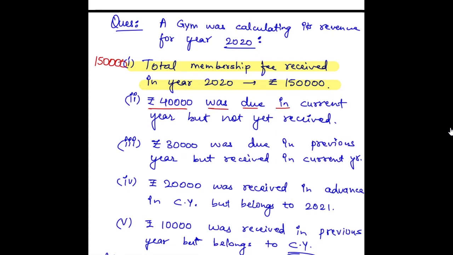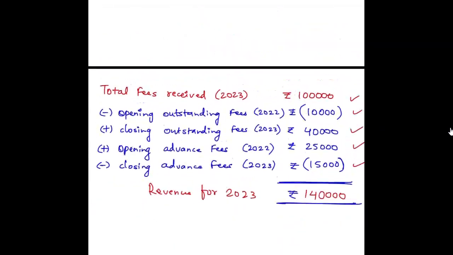40,000 was due in the current year, but not yet received. So obviously, if it is not received, it would not be included in the 1,50,000. So I will add this. And I will call this current year outstanding. Just check what I've written for current year outstanding.